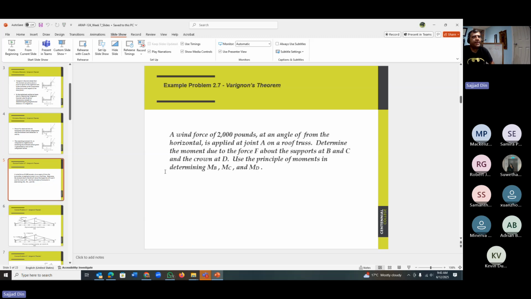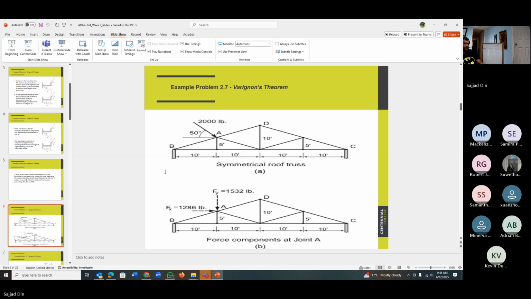So let's take a look at this. A wind force is 2,000 pounds. So that's the force that the wind is creating. It acts at an angle from the horizontal and is applied at joint A on a roof truss. Determine the moment due to the force F around the supports at B, C, and crown D. So you're going to use the principle of moments that we just discussed in determining the moments around these.